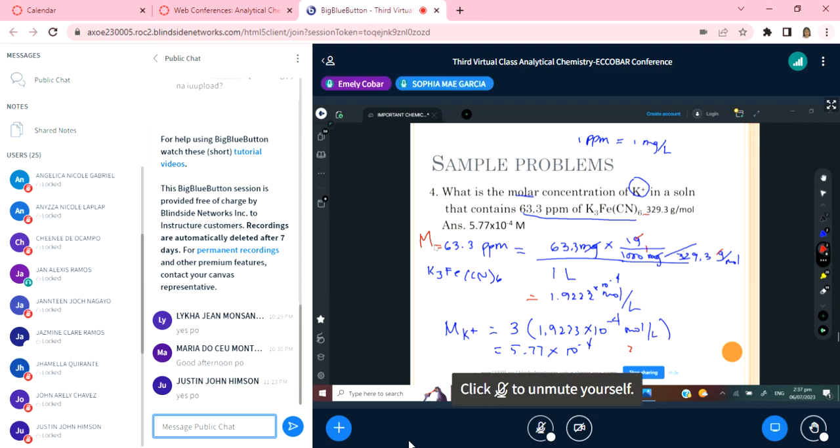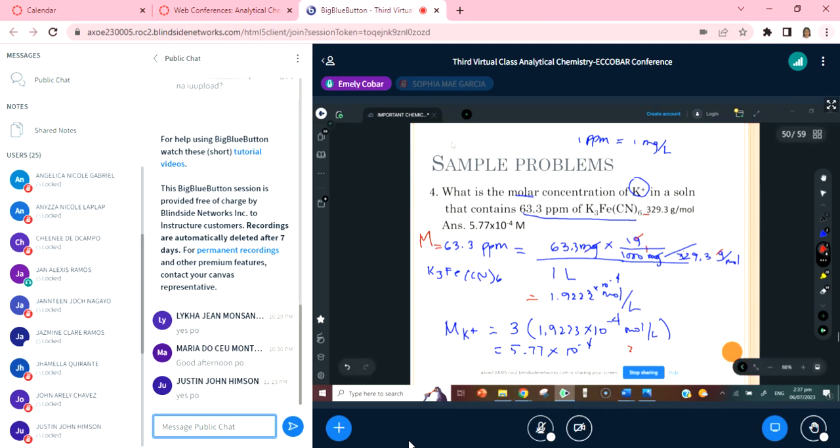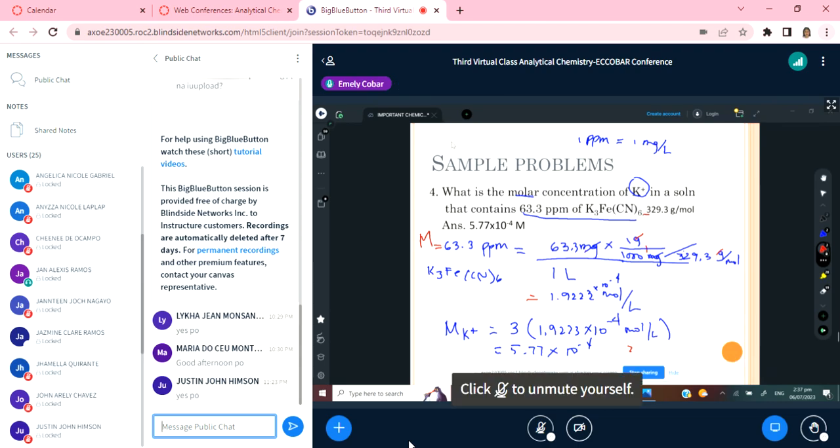O, tingnan natin ha. Di ba yung unit ng parts per million, ano yung formula na gagamitin natin sa ppm? One formula is mass of solute over mass of solution times 10 raised to the 6. That's ppm, di ba?